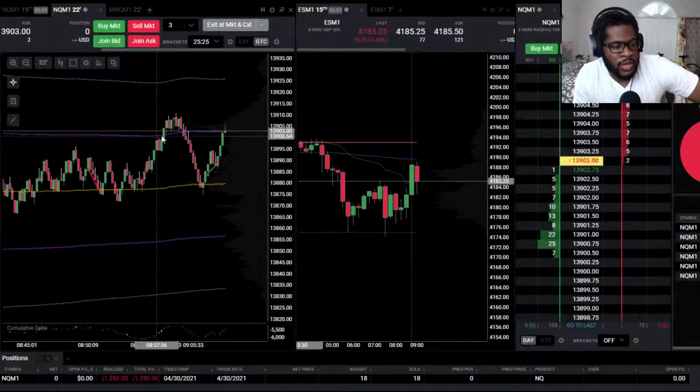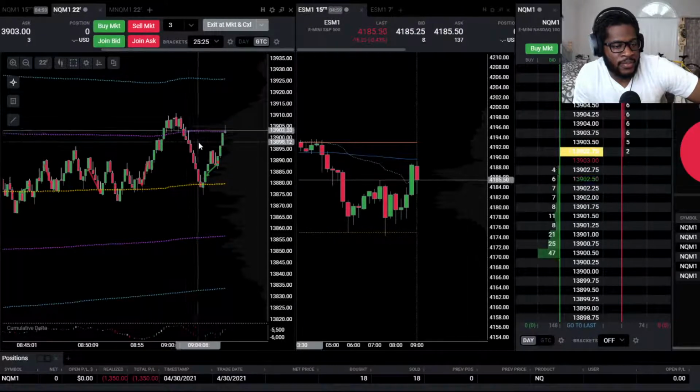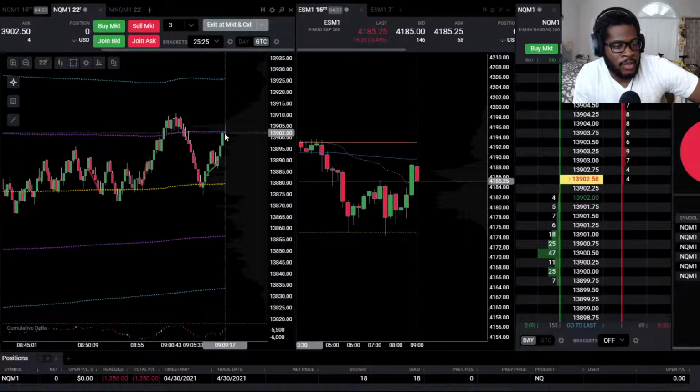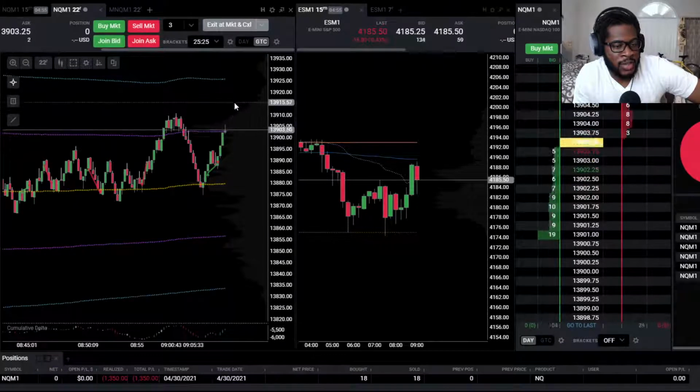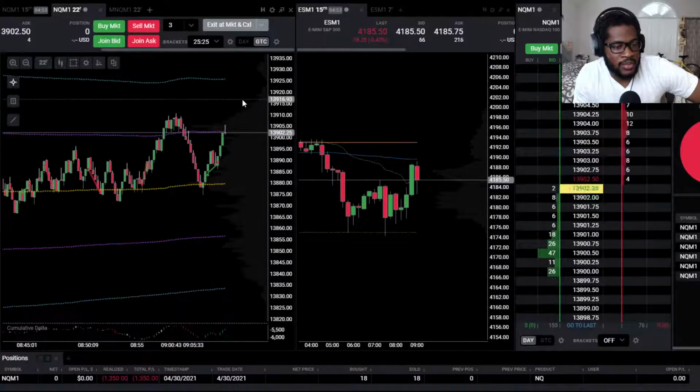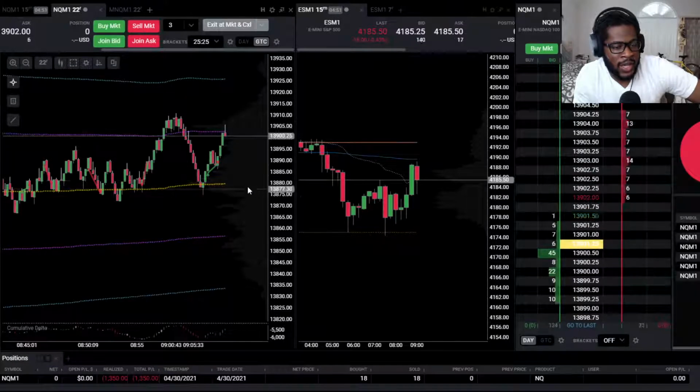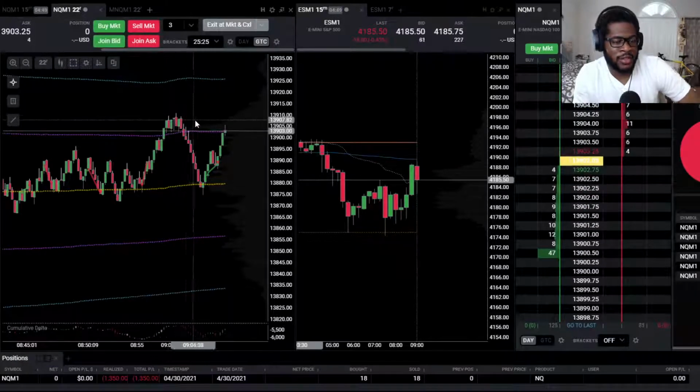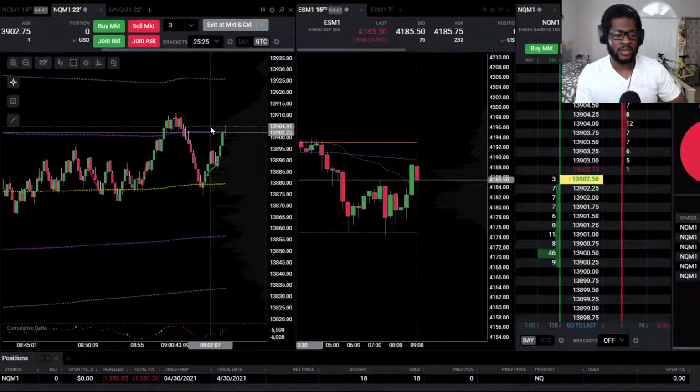Not sure exactly what I think would be ideal here. Probably the best case scenario is it breaks this high, pushes slightly, and then pulls back again. That would be ideal for me to be able to get into a long.